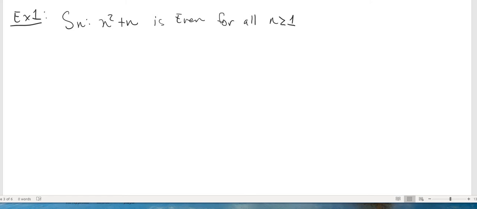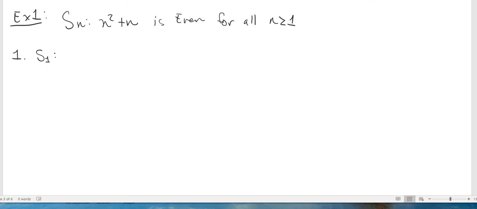This is a formula. These are the numbers that work with this formula, and it's supposed to work for all of them. So this is what we have to show. So step 1 is to test it, right? You test the first number on the list, starting with 1, S1.